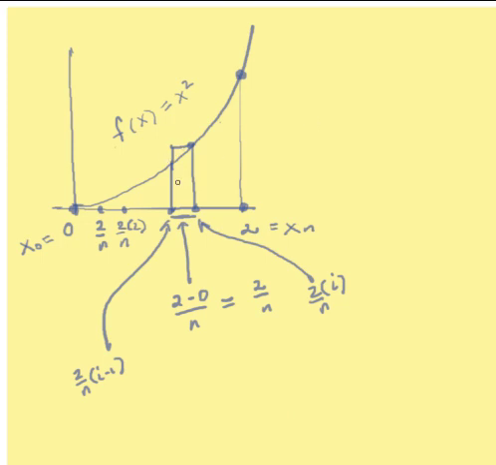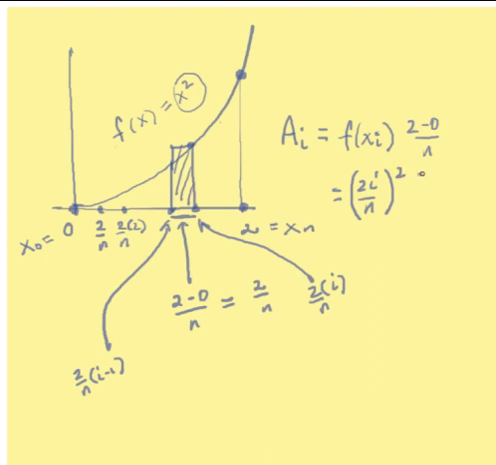So if this is the ith rectangle, then the area is equal to f of xi times 2 minus 0 over n. Take this xi and substitute it into x squared. So we have 2i over n, squared.